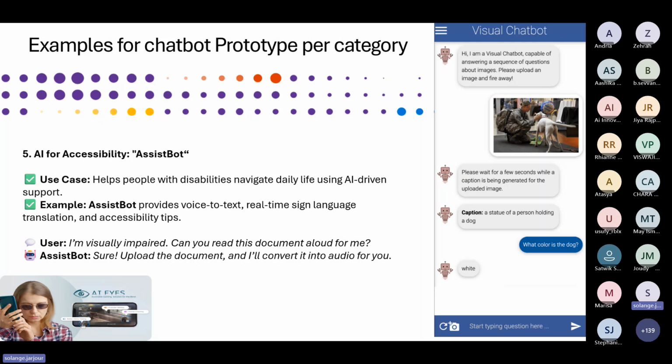Now, for the chatbot, you can have it as a standalone solution, or you can add it to a hardware prototype, like a drone, for example. When the chatbot detects a safe location or the location of a person, it can send them a drone. So this is a mix between a hardware prototype and a software prototype with the category chatbot.